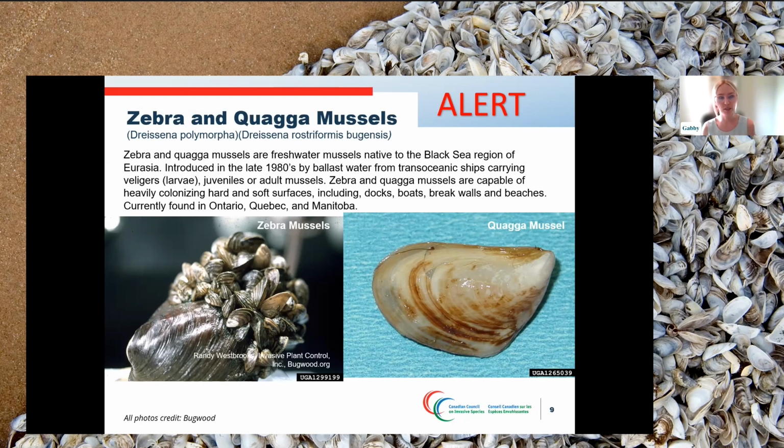So really big impacts. And because of that, the economic costs. Some of these numbers are from just Ontario, but as you can imagine, in the other provinces that they're in, there have also been high costs. The initial cost of zebra mussel control measures for Ontario Hydro was about $20 million and an annual $1 million in operating costs.